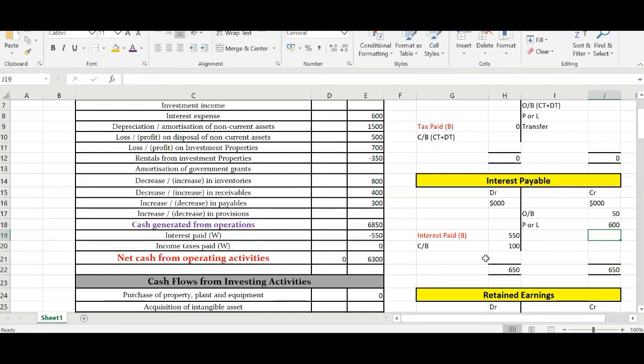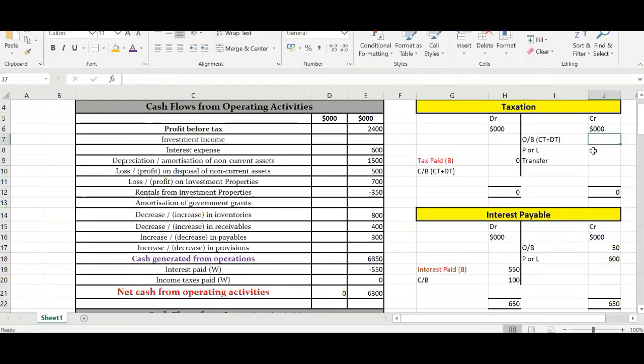Then we're going to go to the tax working. In this question, we only have the current tax, current liability in the statement of financial position. But in some other question, you may have both the current tax and the deferred tax. So you will take the sum of both, one from the current liability and one from the non-current liability.